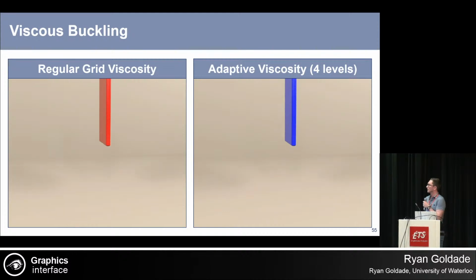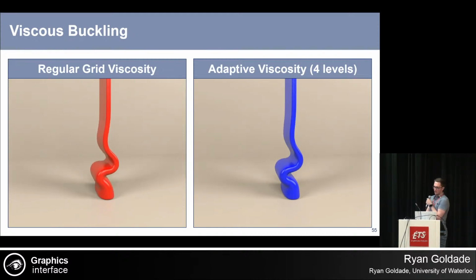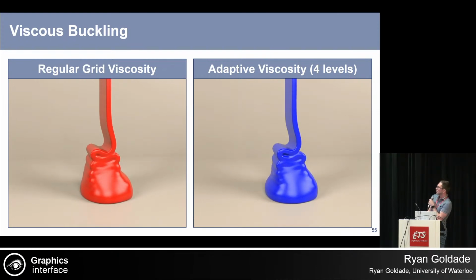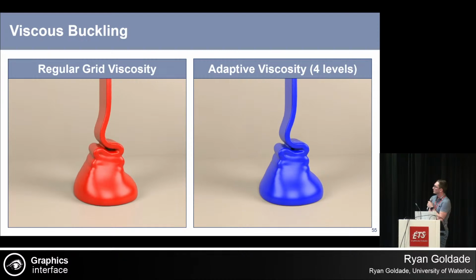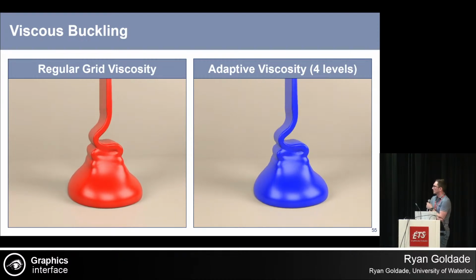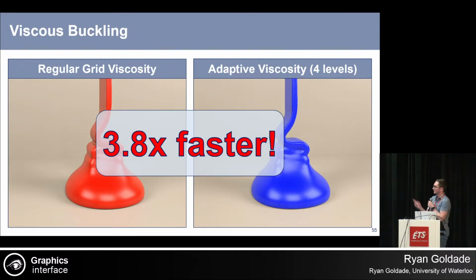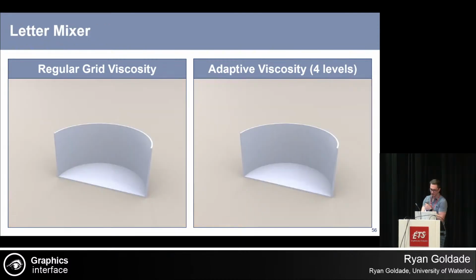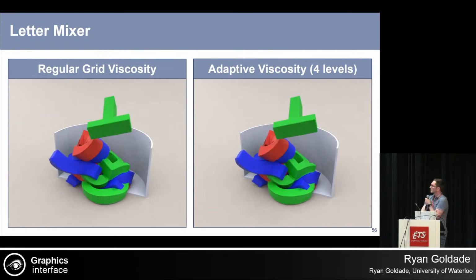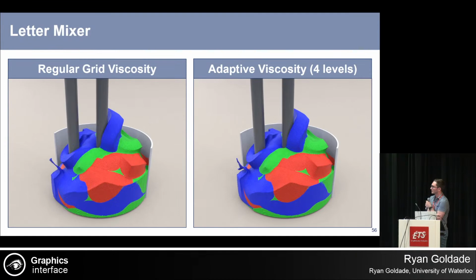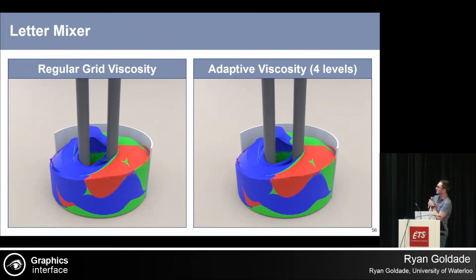If you want to get faster simulations, you can use this and you don't have to sacrifice the results. Right, okay, and so we can also reproduce bending and rotation modes that you'd expect in this buckling example. And again, it closely matches the regular grid. And this example was 3.8 times faster. We can also capture scripted solid interactions with the viscous liquids.